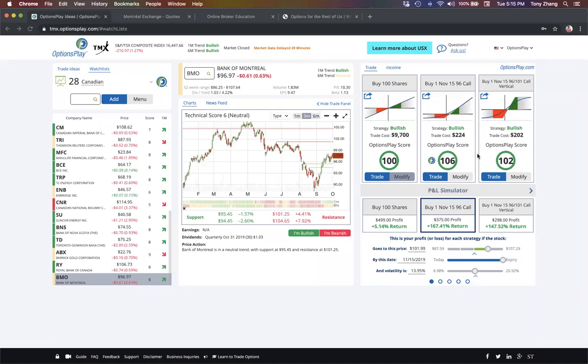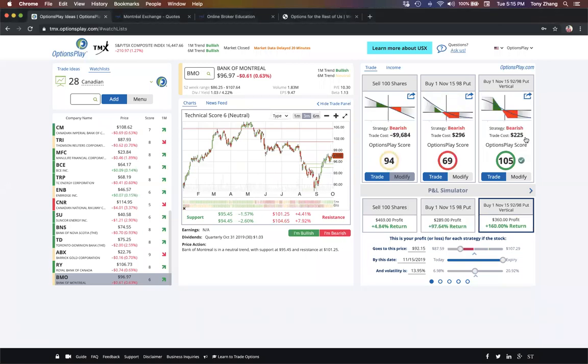No matter what happens, you cannot lose more than $202 on a call vertical and the $225 on this put vertical. So yes, that's one of the benefits of trading these vertical spreads: you get to risk less money and you potentially get a higher return if the trade goes in your favor, because it costs you less money to get into that trade.